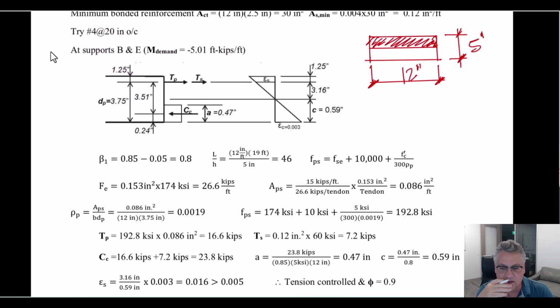It was never the intent that one-way slabs would change the FPS value from one span to another. That really doesn't make any sense. And if you actually think about it, it's changing within inches of the interior support. That doesn't make any sense. So we're trying to get to the point where all one-way slabs will just use the 300 in the denominator.